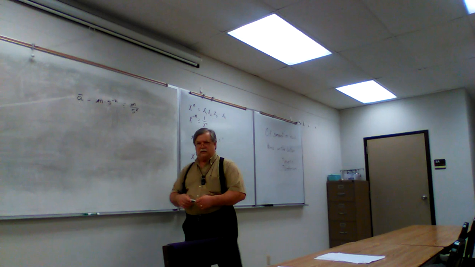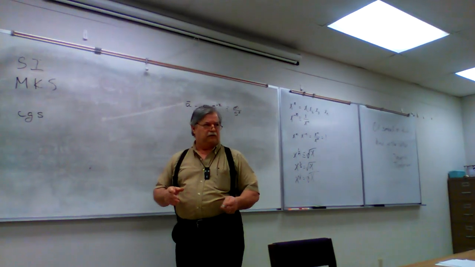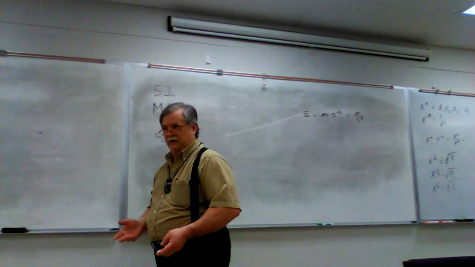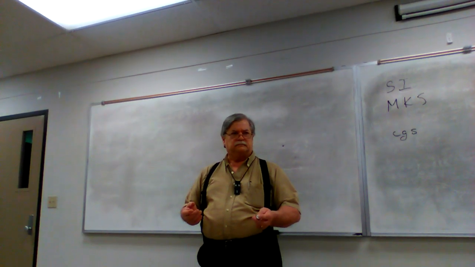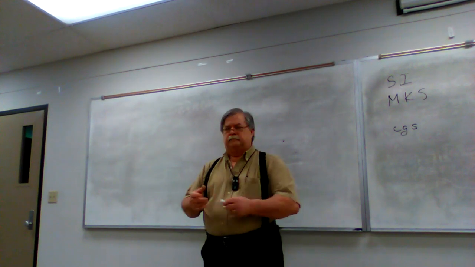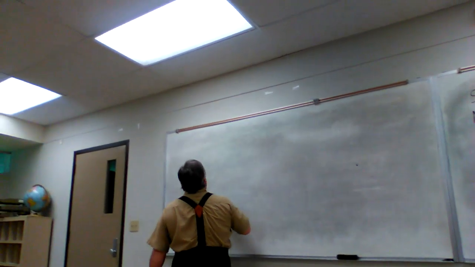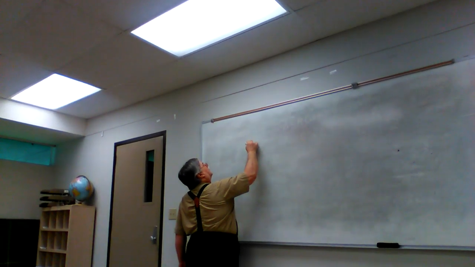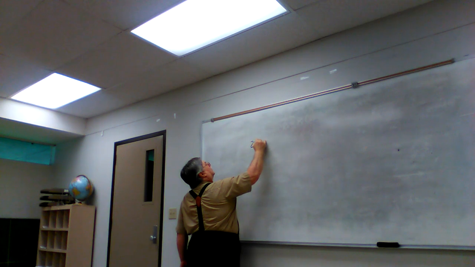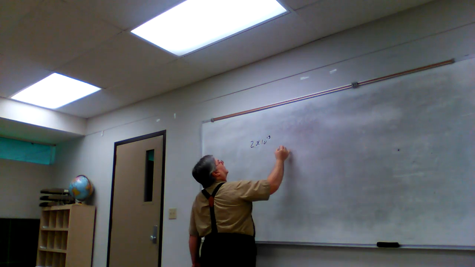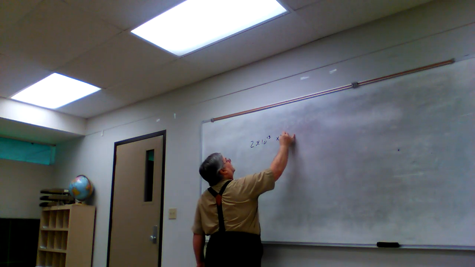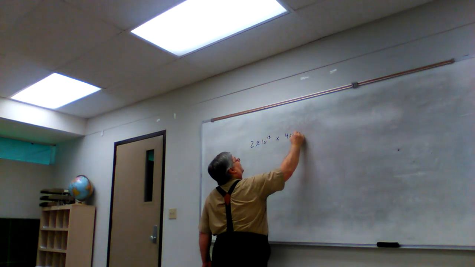This kind of thing does come into play, though, when we start talking about scientific notation or power of 10 notation. What if you wanted to multiply 2 times 10 to the power of 13 by 4 times 10 to the power of 8?